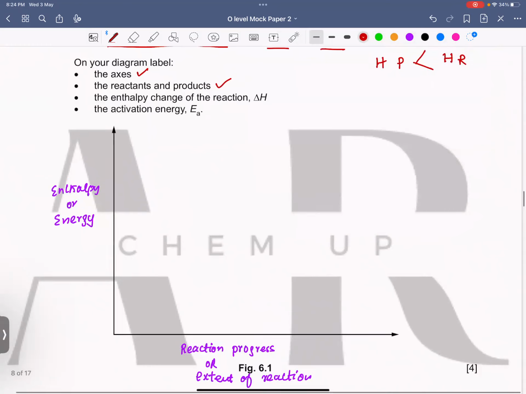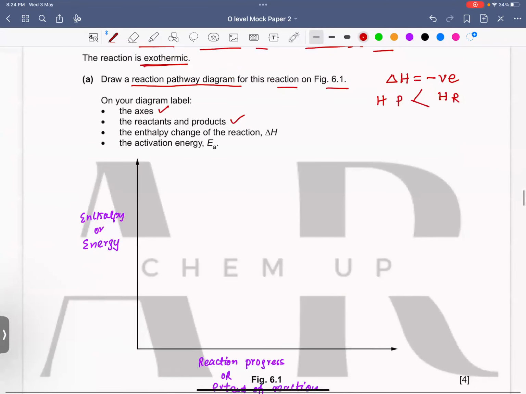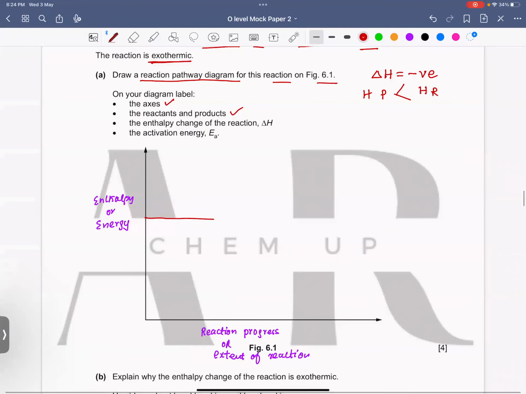As we have decided that the enthalpy change is negative, reactants must be at a higher energy and the products must be at a lower energy. So here I have the reactants and here I have the products. Is this clear?